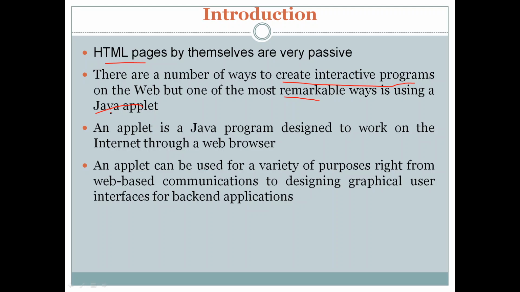So we can use a Java applet to create interactive pages on the web. An applet is a Java program designed to work on the internet through a web browser. So an applet is nothing but a Java program, and it is designed to work on the internet by using the web browser.